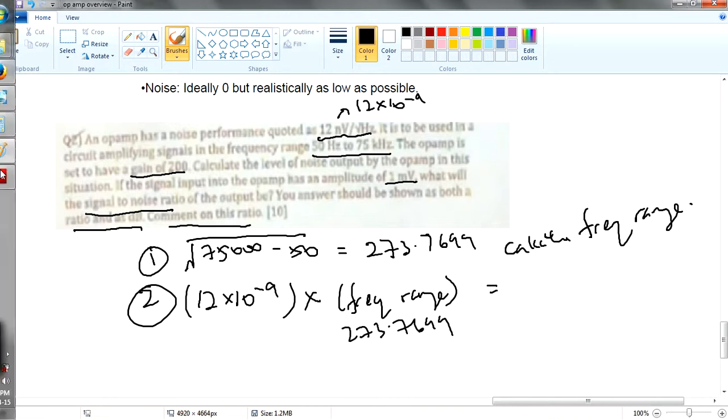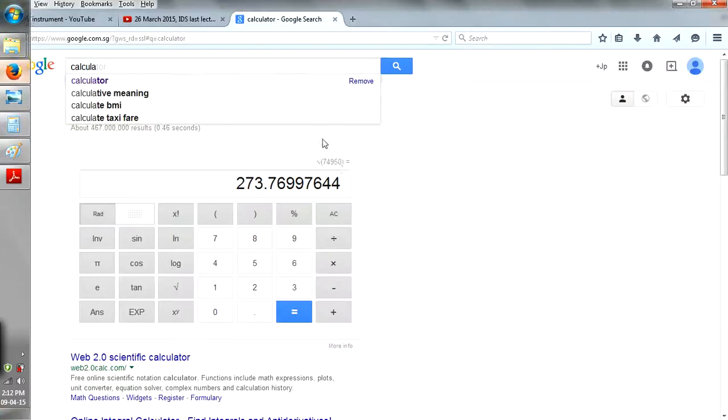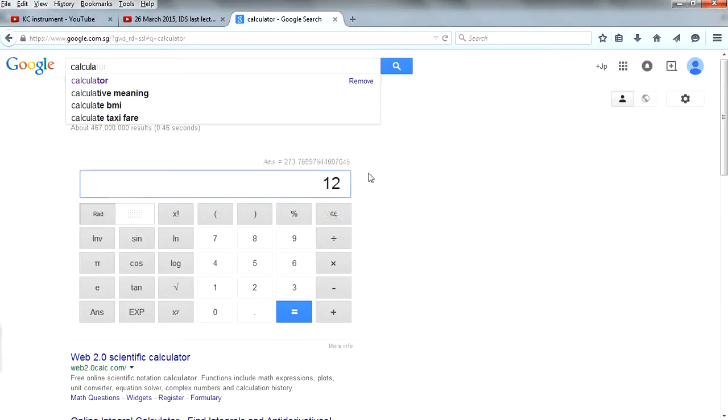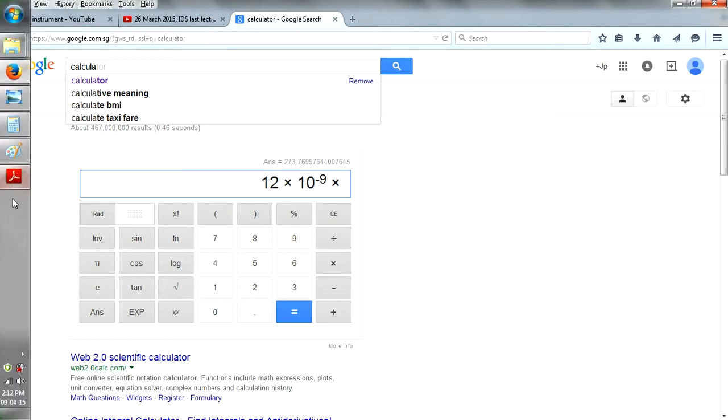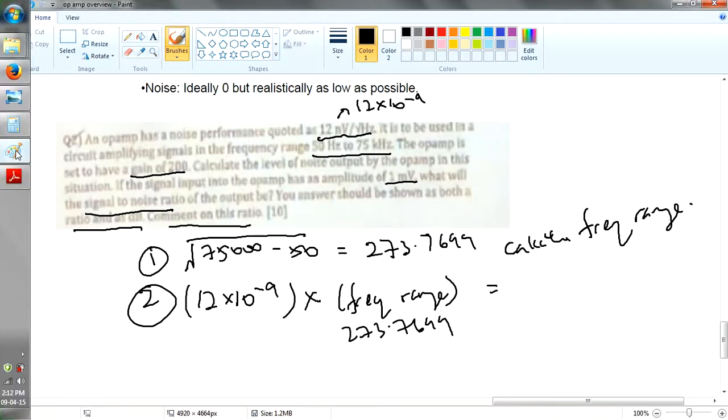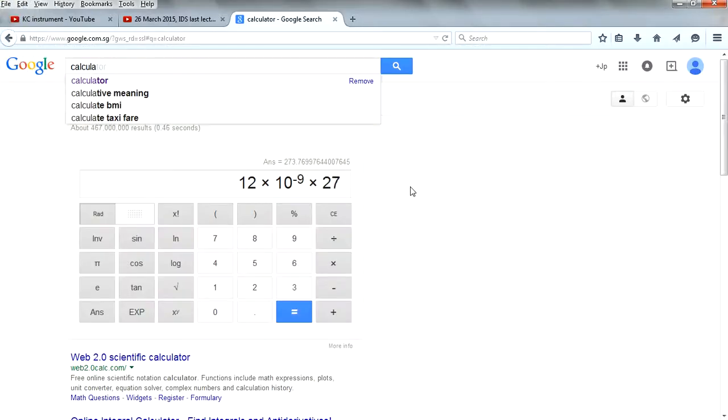So I have in this case 12 times 10 to the power of negative 9, and then I multiply with 273.7699.